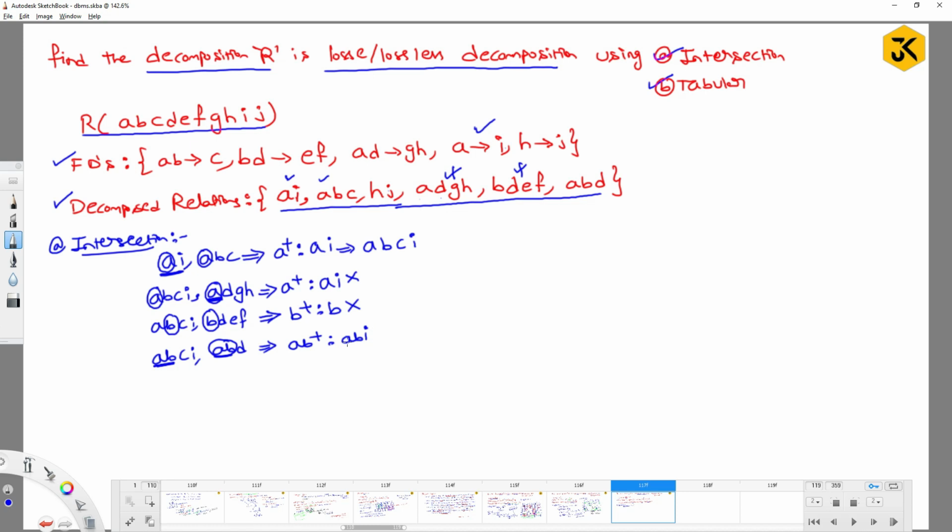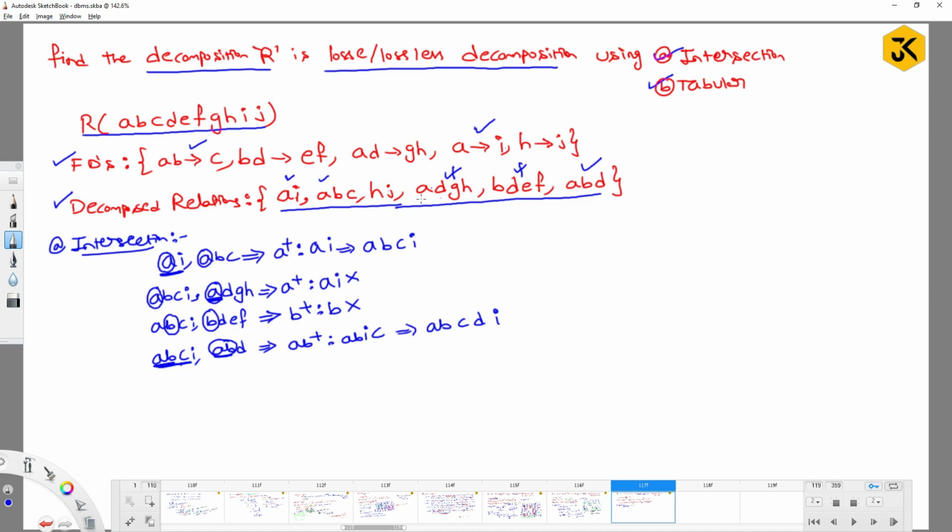From A I can get I. From AB I can get C. So in total it contains ABIC, which is covered here. So I can easily combine ABD with ABCI, and we got this data.